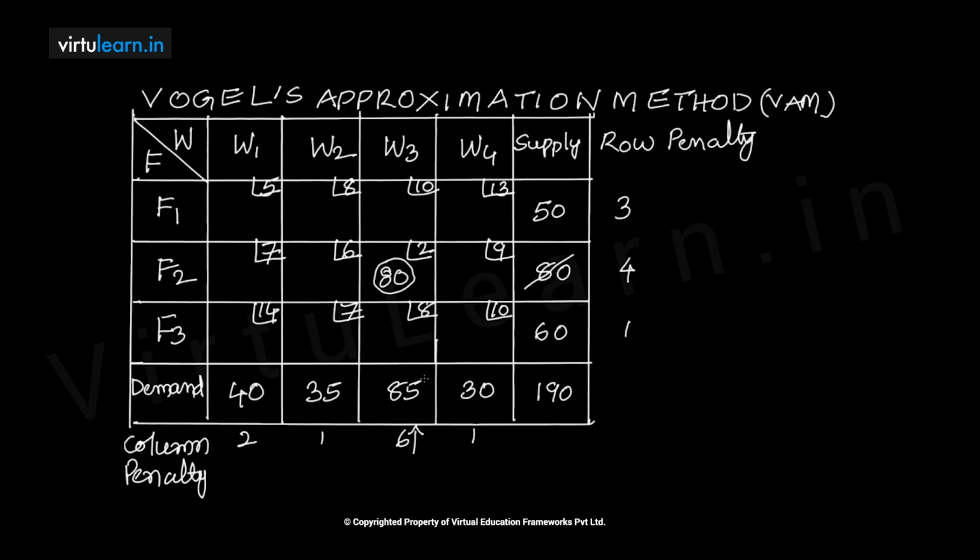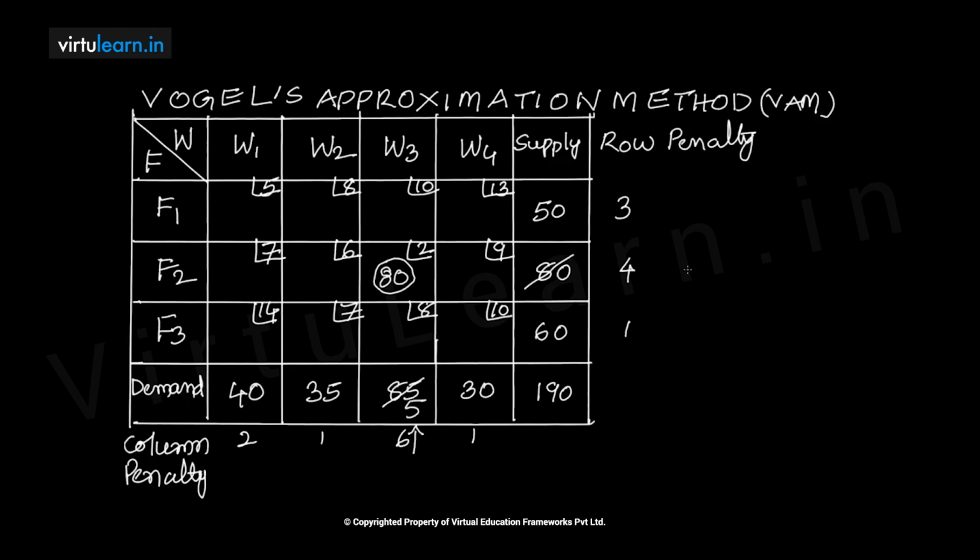But out of 85, not completely satisfied, still we require 5 units. So this is the first step. But what we need to understand here is, once either supply is exhausted or demand is completely satisfied, we don't need to take any penalties because they are no longer required.